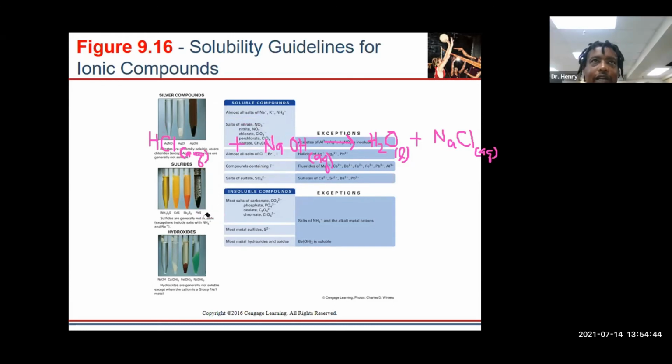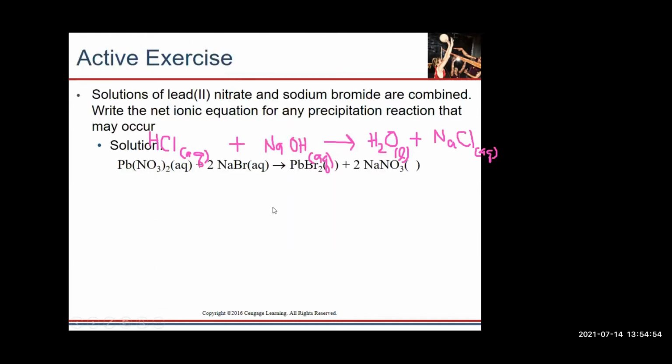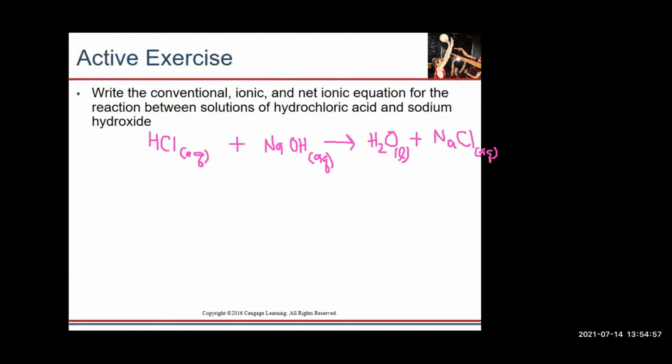Okay, so now the next part is if I want to get the net ionic equation. H plus aqueous plus Cl negative aqueous plus Na plus aqueous plus OH negative aqueous, and then your yield sign.